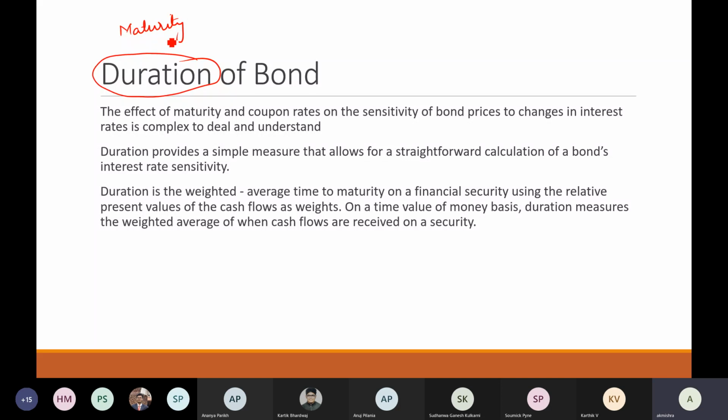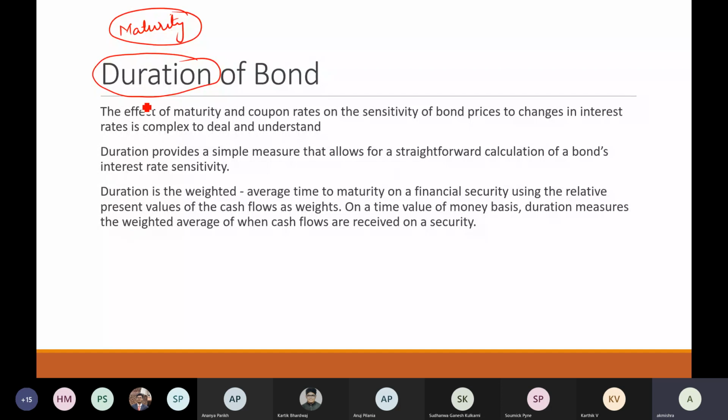It may be the same, but by definition, maturity is the duration or number of time periods or years for which a debt instrument is issued.